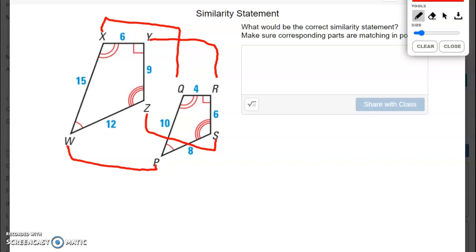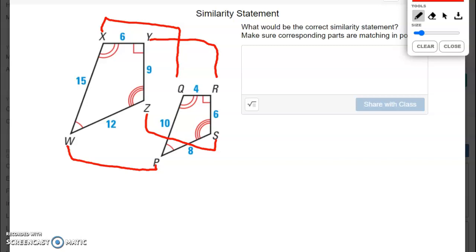Are the sides proportional? What's the multiplier between 4 and 6? It's 1.5. If I multiply 1.5 by 6 I get 9. 8 times 1.5 is 12. 10 times 1.5 is 15. So the sides are proportional. So yes, the two polygons are similar.